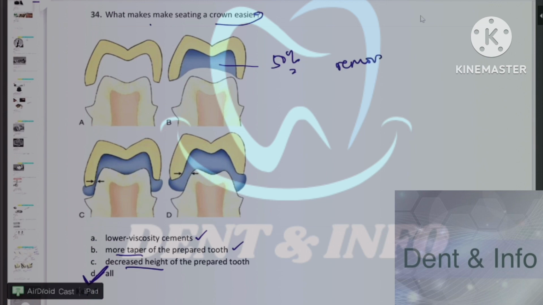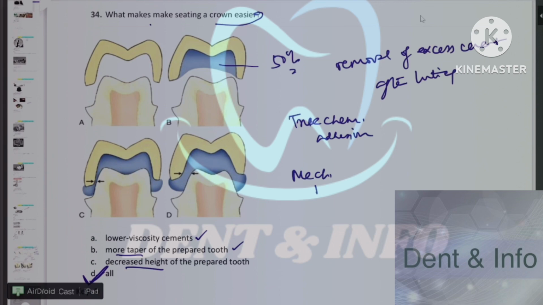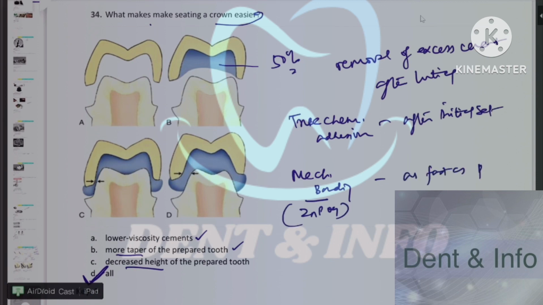Removal of flash or excess cement after luting for cements which show true chemical adhesion or cement which show mechanical bonding. True chemical adhesion: after initial set. Mechanical bonding like zinc phosphate: as fast as possible.